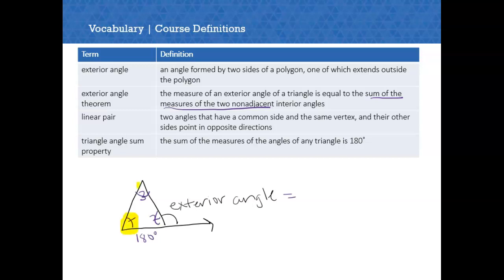So it's here and here, because that exterior angle does not touch these. So this exterior angle is the sum of angle 1 plus, that's sum, angle 3. So that unpacks all of these definitions.